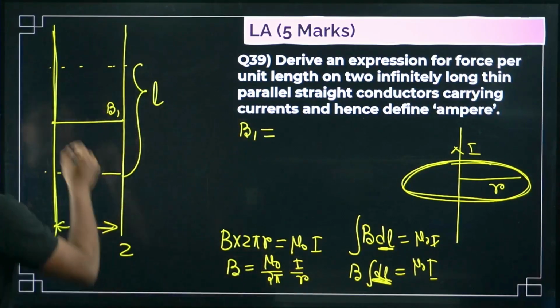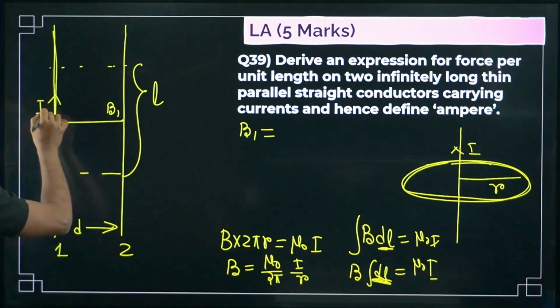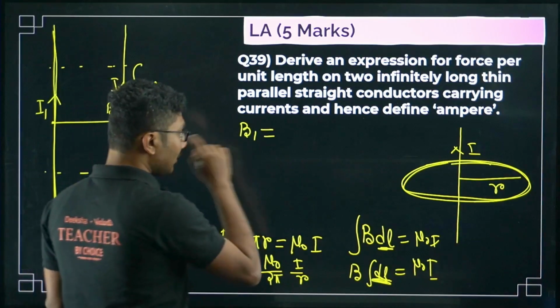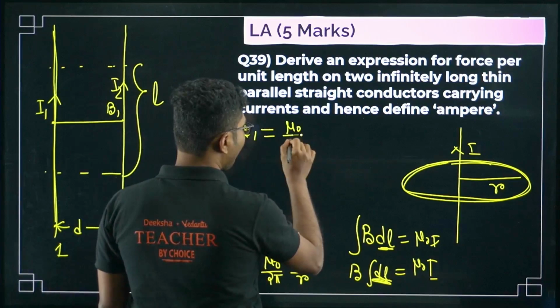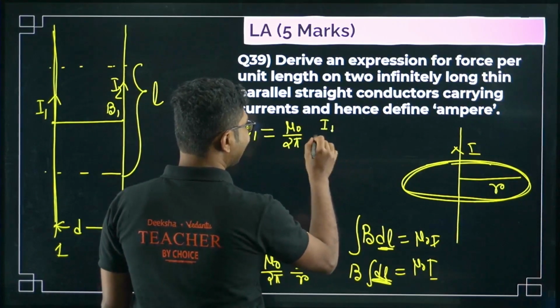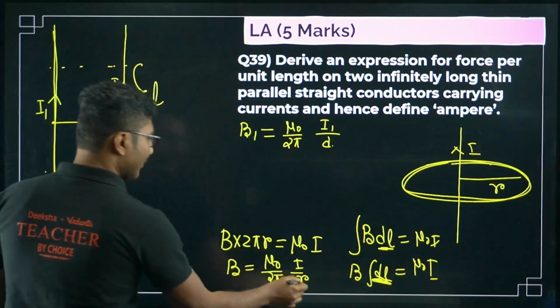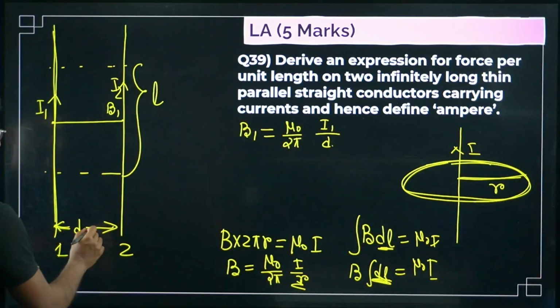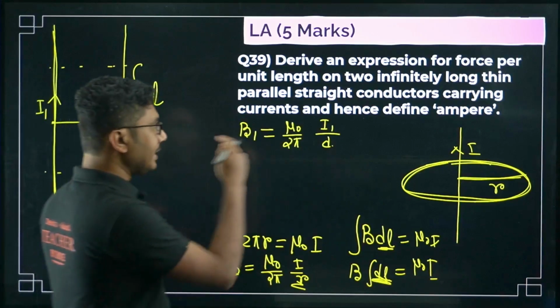Okay, now this wire is carrying say current I1 and this wire is carrying I2. Then B1 will be mu naught by 2 pi, I1 by d. Why d? Now here it was r distance apart, right? Here the distance is d. So instead of r it will be d.